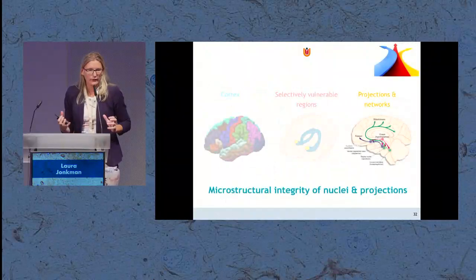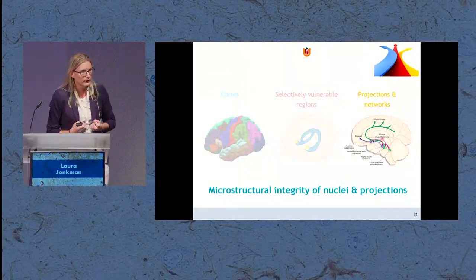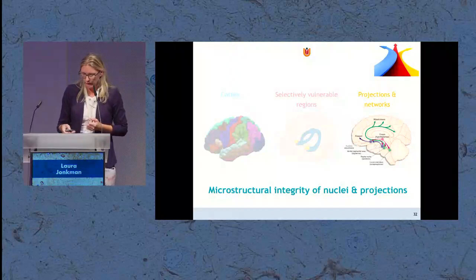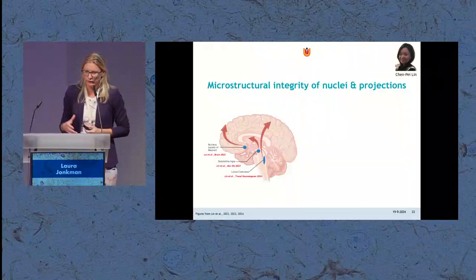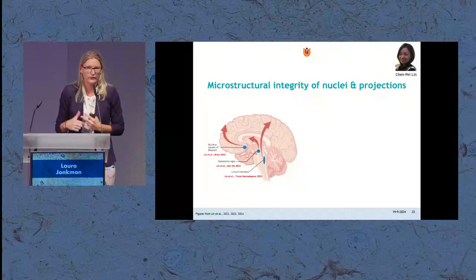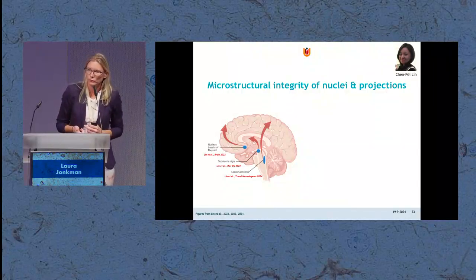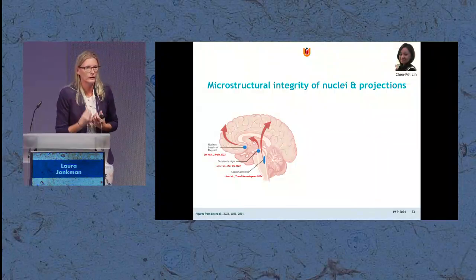So lastly, I'd like to show you something about the integrity of different nuclei and their projections to the cortex. We had a PhD student working on this, who will defend her thesis by the end of the year, who looked at the nucleus basalis of Meynert and its projections, the substantia nigra and its projections, the locus coeruleus and its projections, and especially the pathology within those regions.